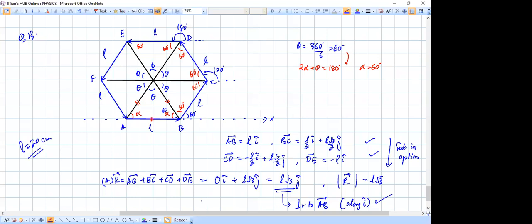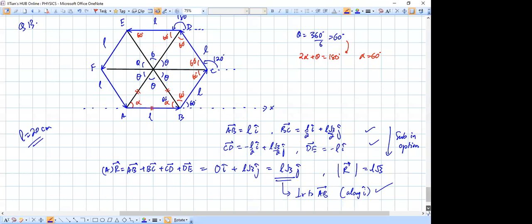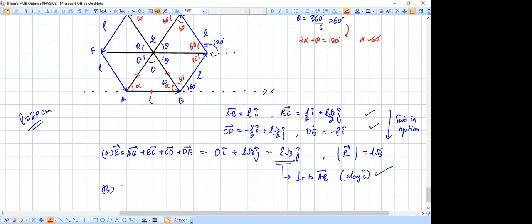So A and B options are to do with this resultant. Similarly, option C is to do with AB plus BC plus CD. So A and B you can check from this resultant only. Now C is a different thing. C is, let's say, some R1, which is actually AB plus BC plus CD. The fourth one is not there. So we have to add AB plus BC plus CD.